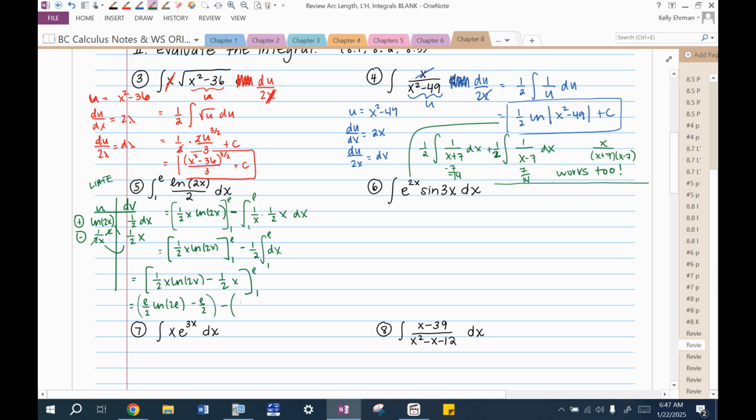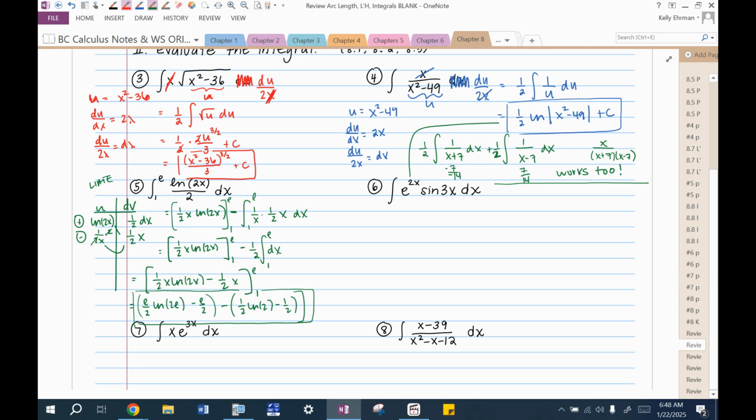Minus, when you plug in 1, you get 1/2 ln 2 minus 1/2. Now, I'm not going to simplify that any further. I'm just going to leave it like that. If I were looking for a multiple choice answer, maybe they would do a bit of factoring or something, but I don't think we have anything that crazy.